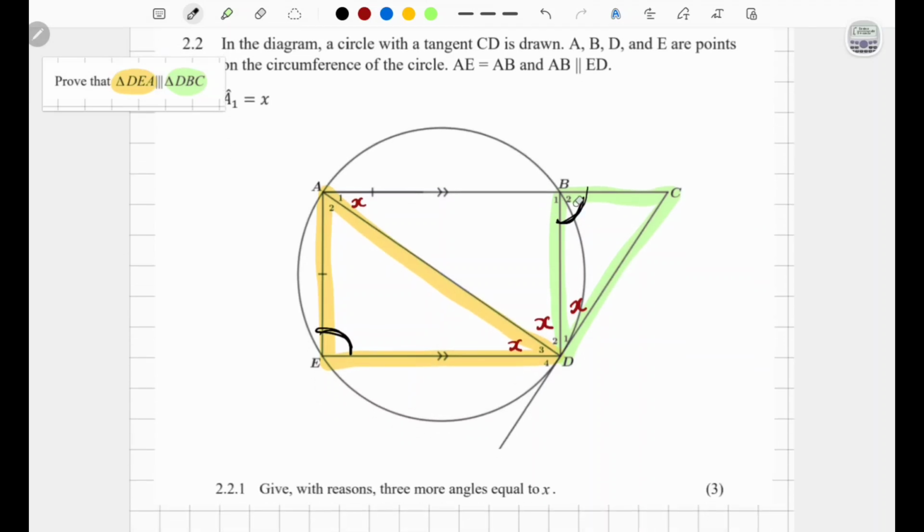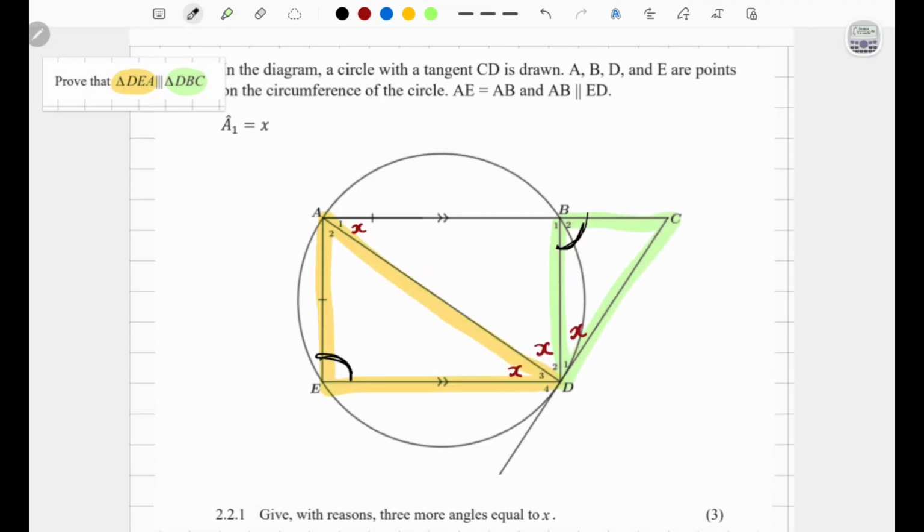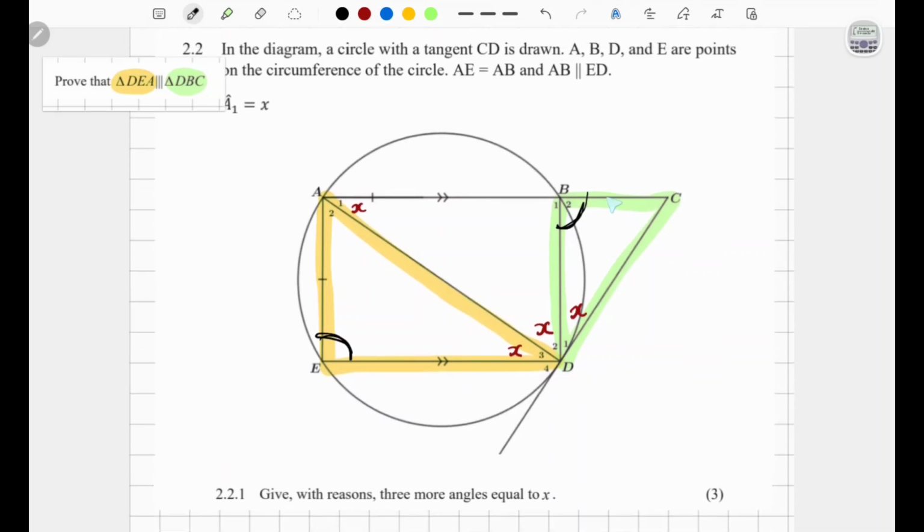How can we make this be equal to this? But I can already see that, since points A, B, E, and D lie on the circumference of the circle, this is a cyclic quadrilateral. And so do you see that this is the exterior angle, the angle outside the cyclic quad. This is the exterior angle of a cyclic quad, so it's equal to the opposite interior angle. So there, we know now that those two are equal, and we know why.